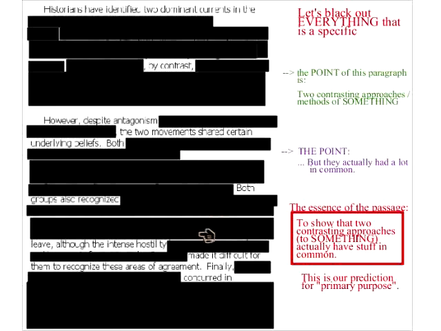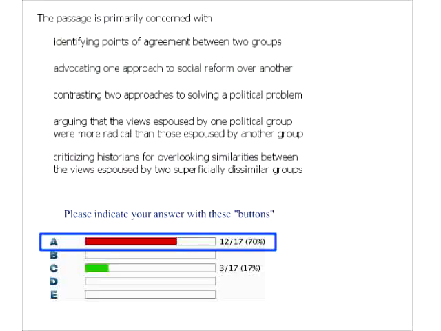They both did this, they both did this, they concurred in this. This is the majority of the passage. So if you say that the point was to contrast the two approaches, then you're missing that huge, huge emphasis. But the point is to identify the points of agreement between them.